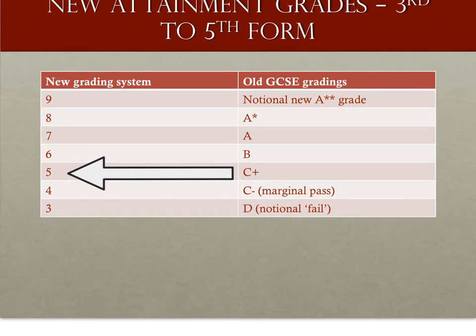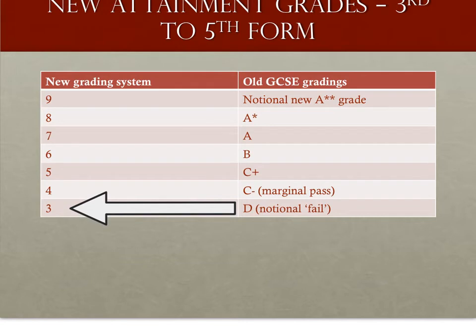A 4 grade is something which is notionally counted by the government as being a pass grade at the new GCSEs, but is something which some employers are less favourable towards. A 3 grade, however, in real terms, represents a grade that wouldn't be considered a pass in the new GCSE system, and so a 3 equates to a D in the old system, a 2 to an E, a 1 to an F, and 0 to a U grade.